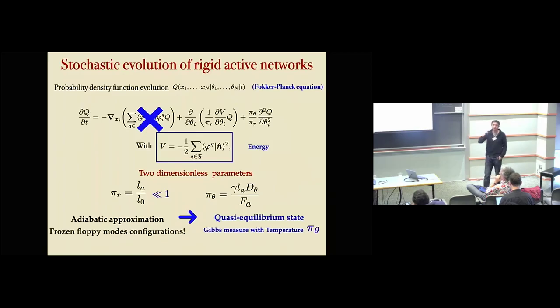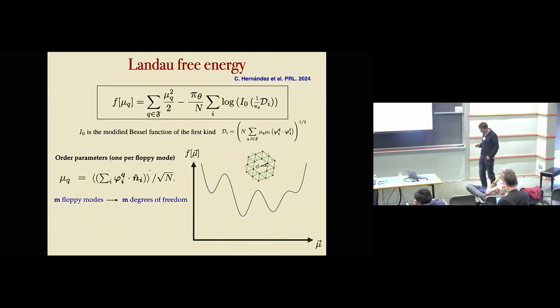So we can map, in this limit, when we have this separation of time scales between the time the system relaxes to align and the evolution of the system, to an equilibrium state. And given this, we can go to what we know from equilibrium physics and calculate the free energy, the Landau free energy, and we know that the dynamic will now be given by the minima of this free energy.